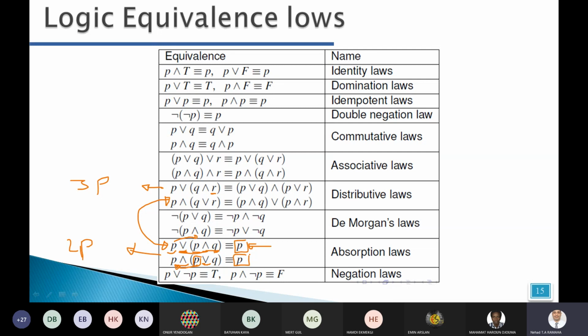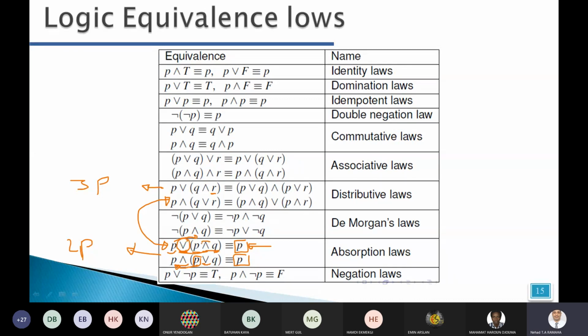You can prove it using a truth table very easily. So this absorption: P absorbs this Q and the result will be only P here. But you need to focus.